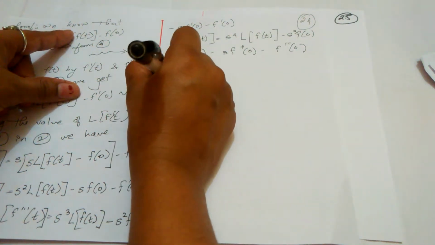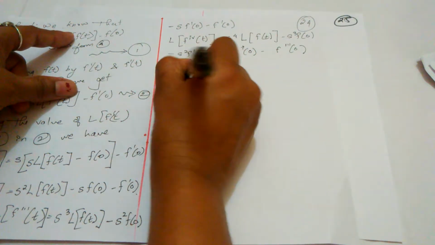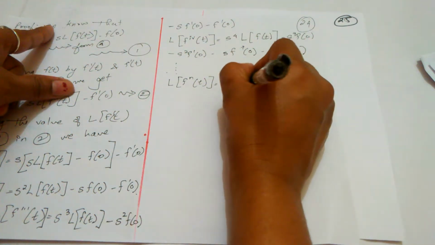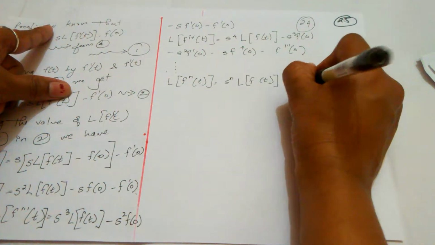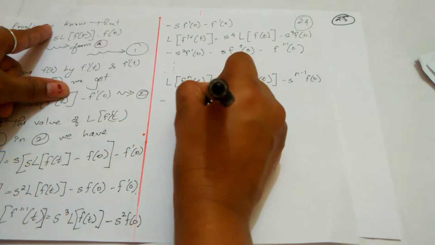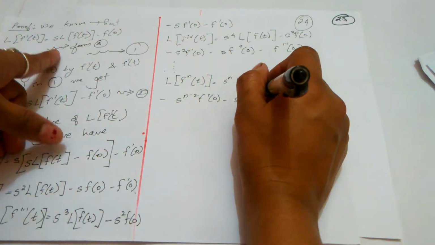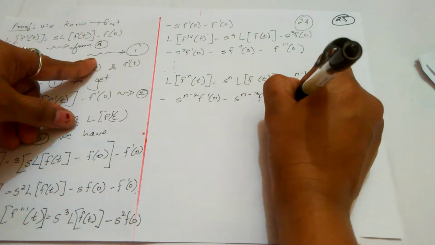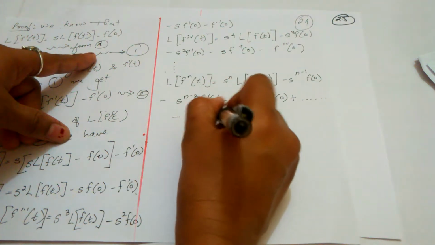Thus, L of f n of t is equal to s to the n L of f of t minus s to the n minus 1 f of 0 minus s to the n minus 2 f dash of 0 minus s to the n minus 3 f double dash of 0 plus and so on, minus f of n minus 1 of 0.